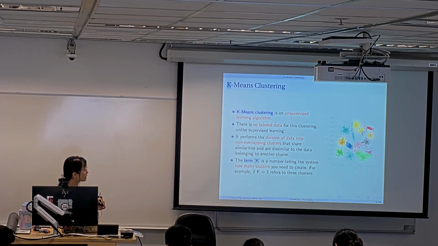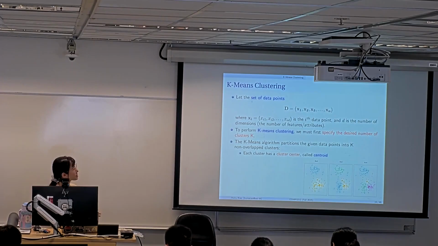But here this term K in k-means clustering is a number telling the system how many clusters you need to create. For example, if we let k be 3, then it refers to 3 clusters. Group all the data points into 3 clusters. So this is the difference. Note that totally different meaning of this term k in k-means clustering.